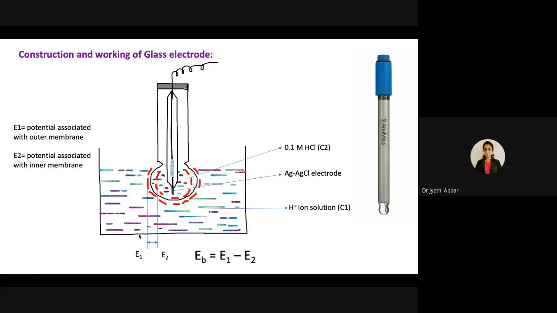Fine. So who will tell me what is an ion selective electrode? Tell me in your own words. Anyone?